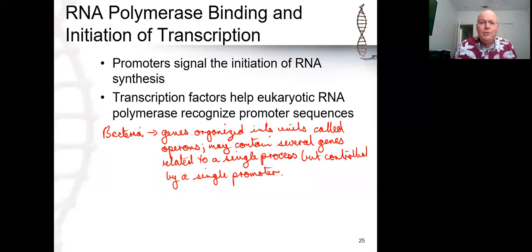So the first of these organized units, these operons to be recognized, is something called the lac operon. Lac referring to the metabolism of the sugar lactose. So there are three proteins that are involved in the metabolism of lactose. The bacteria only needs those proteins when lactose is present.